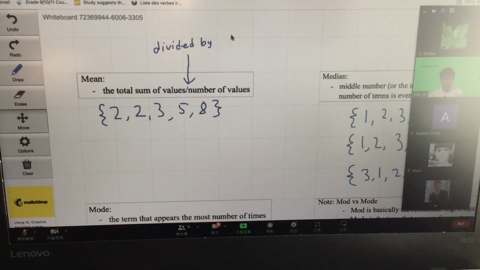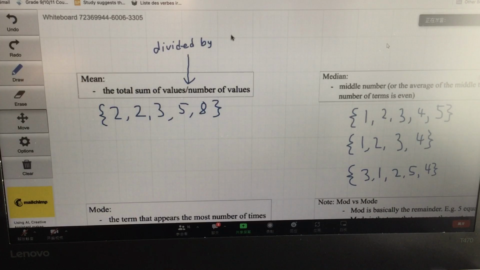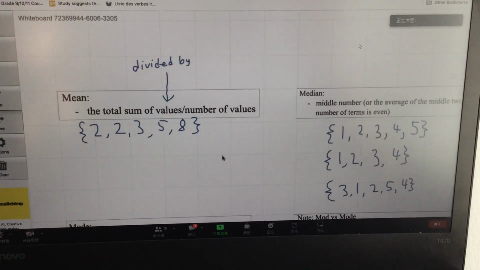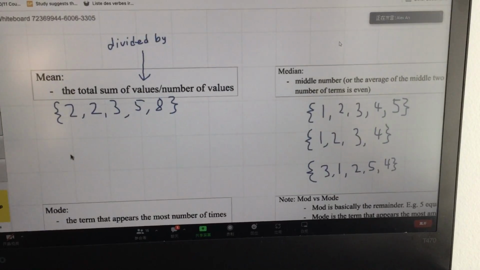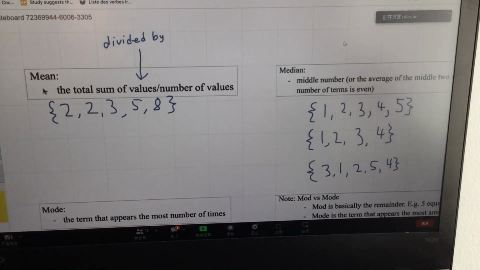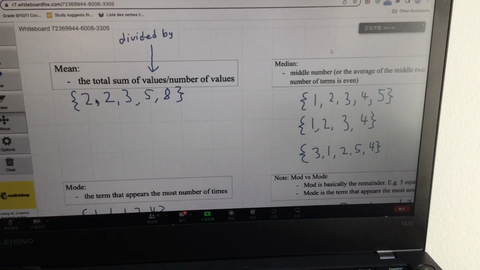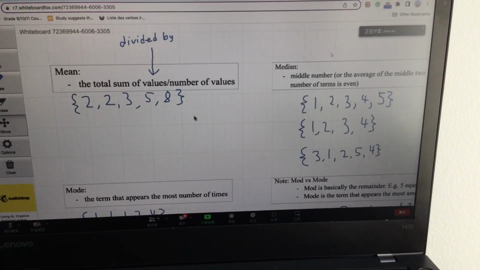Today's lesson, like I said, is going to be mean, median, and mode. The mean is basically the average: the total sum of the values divided by the number of the values. For example, here we have the 5 numbers 2, 2, 3, 5, and 8.